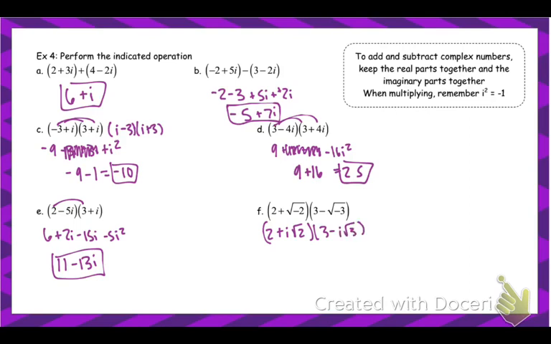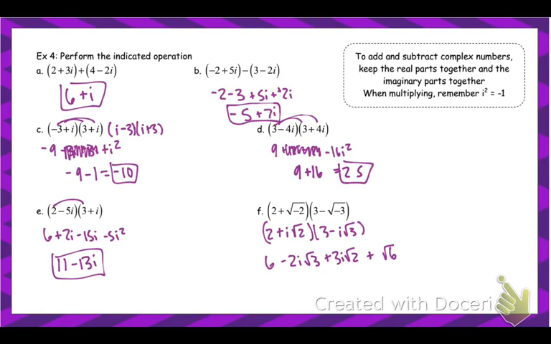So this one's going to get a little messy, but it's good practice with multiplying our irrational numbers. So 2 times 3 is 6, minus 2i root 3, plus 3i root 2, minus i squared root 6. So minus i squared root 6 becomes just plus 1, so just plus root 6.